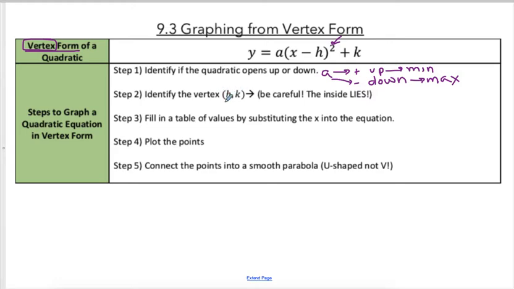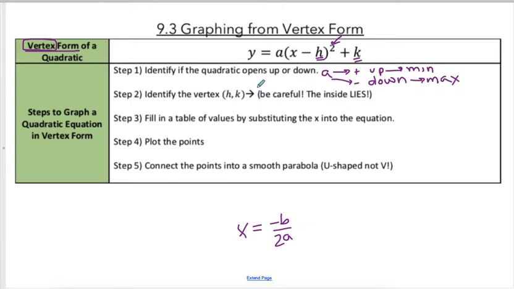Now we have not x equals opposite of b and plug in. Now we have h, k. Notice our h here and our k here. We're going to be able to pull these numbers out, and that's going to immediately give us the vertex. That's why this is called vertex form. It tells us the vertex.